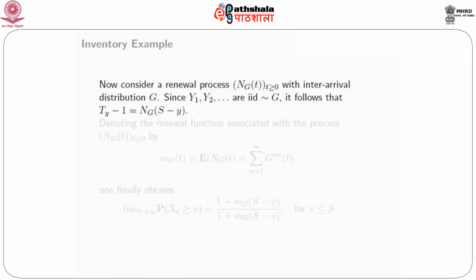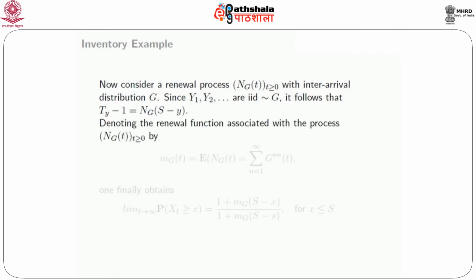It then follows immediately that T_y minus 1 is N_G at s minus y. That is the number of customers before the first time that the inventory goes below level y, and the first time that it goes below y is precisely this one.